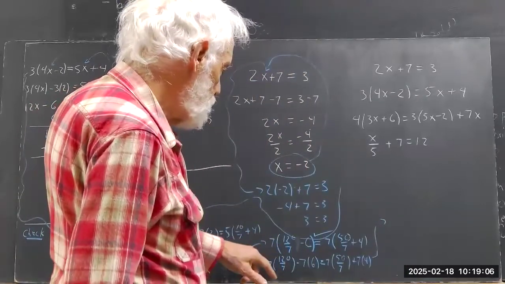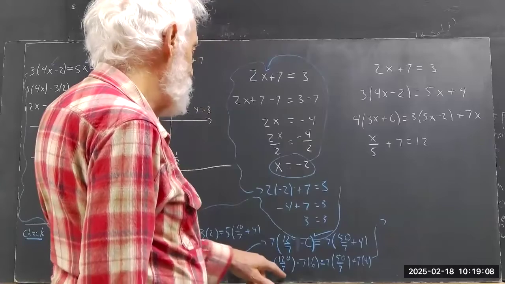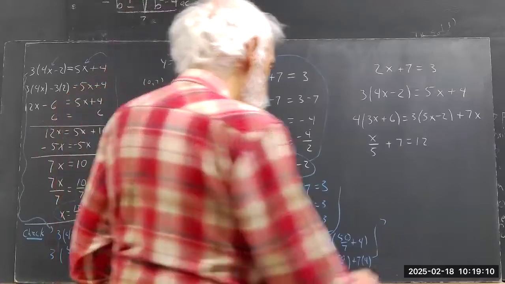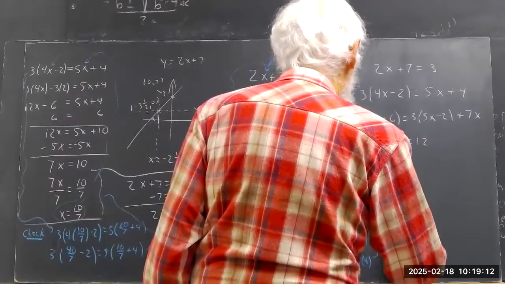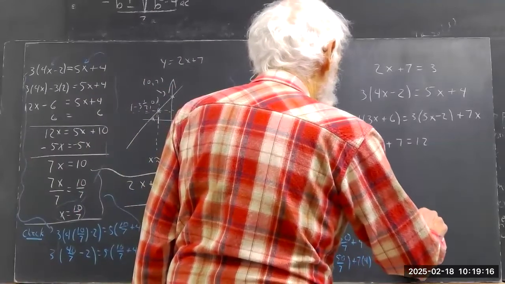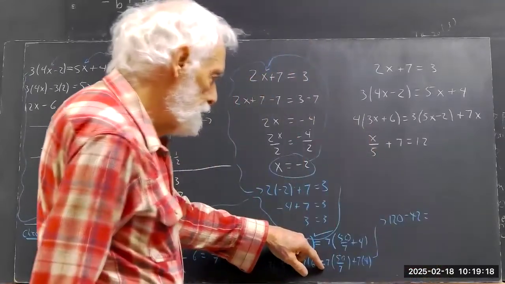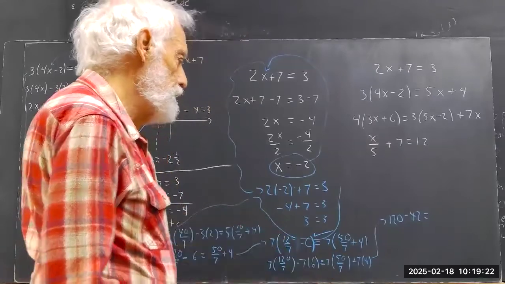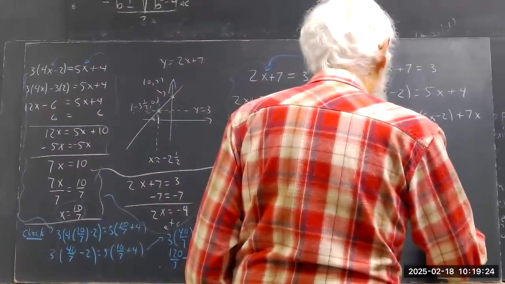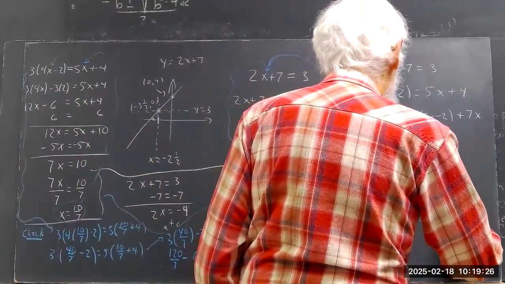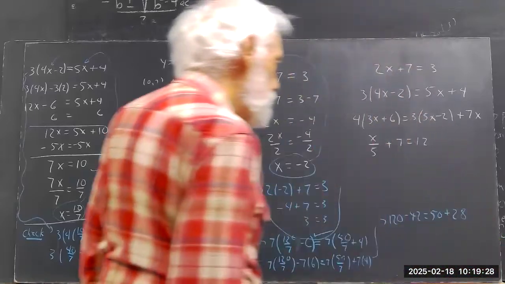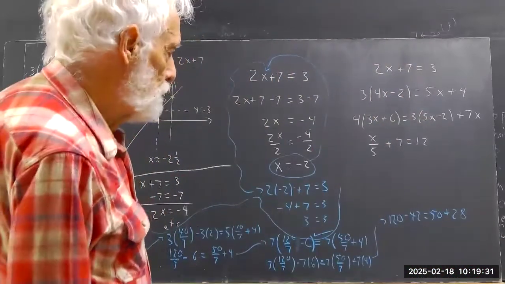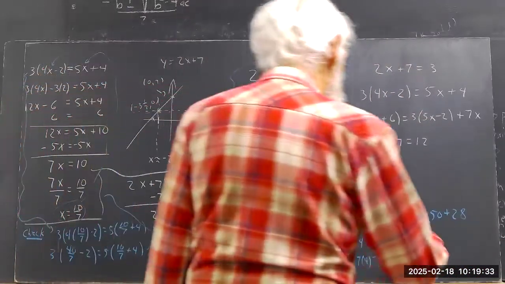Well, 7 times 120/7. The 7 here will divide this 7, leaving us 120. 7 times 6 is 42, plus 28. And now we just do our arithmetic and we get 78.